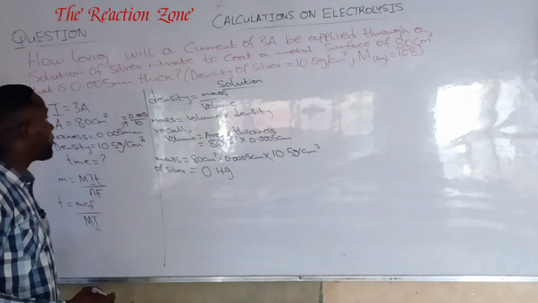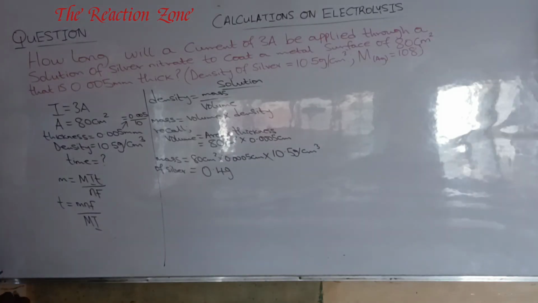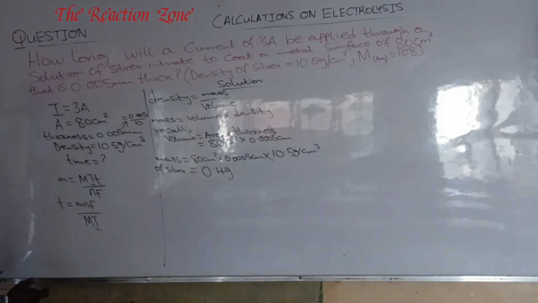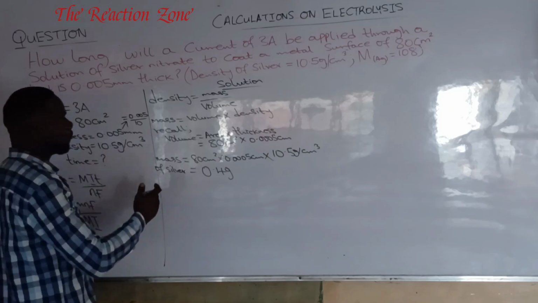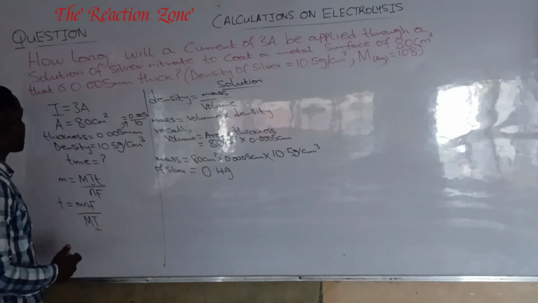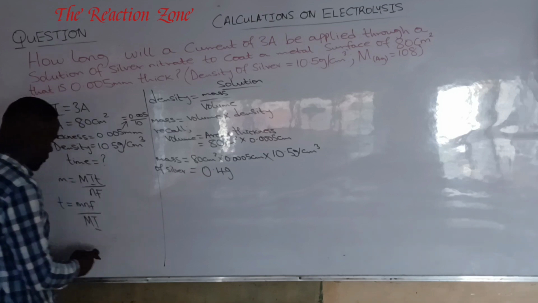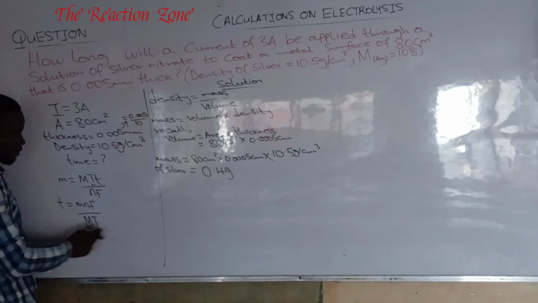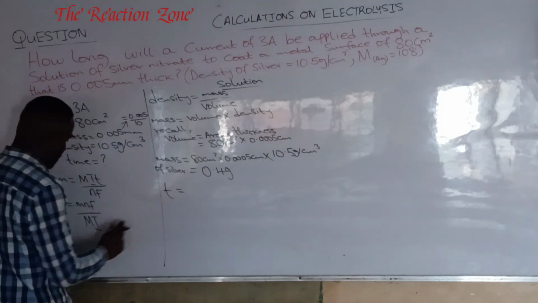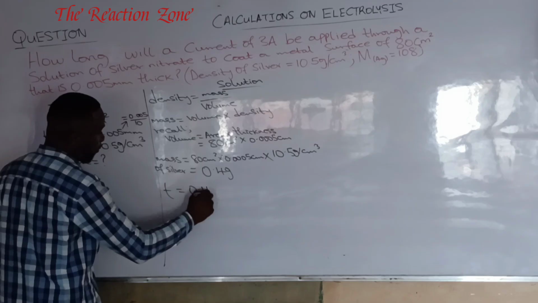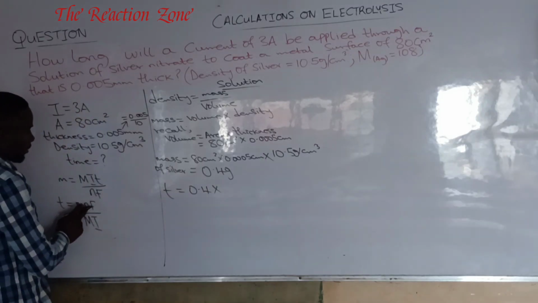Now that we know the mass of silver, we can now find how long it is going to take to coat a metal surface of 80 cm squared that is 0.005 millimeters thick. Now, using this expression here, our time is going to become small letter m, which is mass of silver is 0.4, multiplied by n.